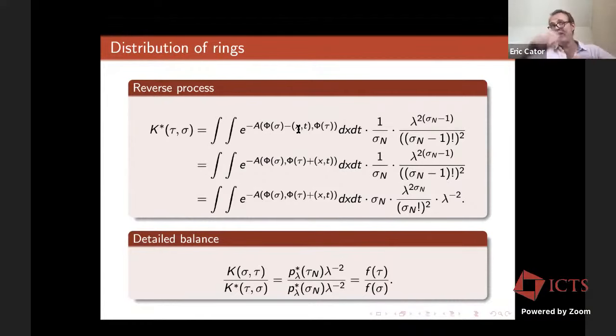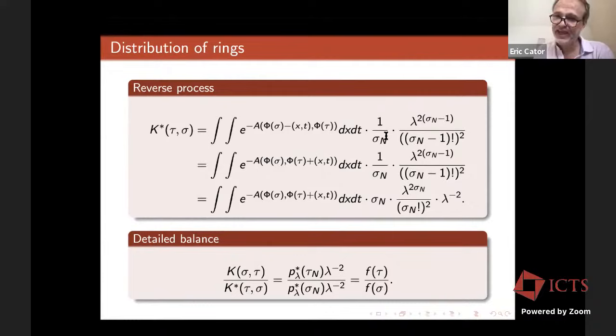You get the same area in between. So I kind of transform this integral by moving the whole thing up, and I just realized that this factor is the same factor as we had before. It's the same thing. And this is, of course, very relevant. This is why it works. So we don't have to calculate this area or do any complicated thing. We just have to note that the reverse process has the same area between these two paths, sigma and tau.